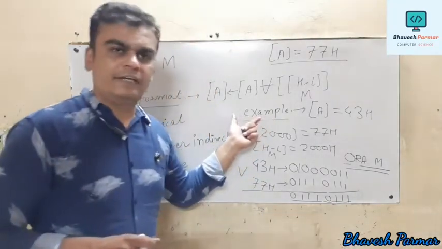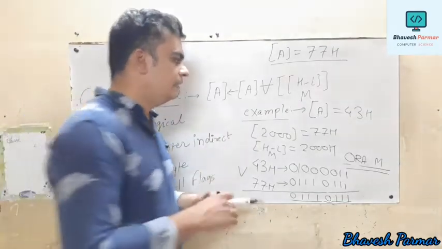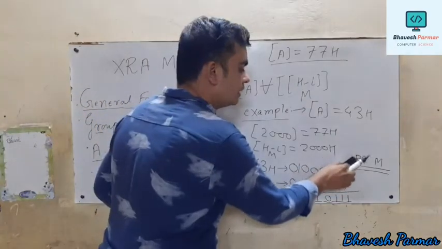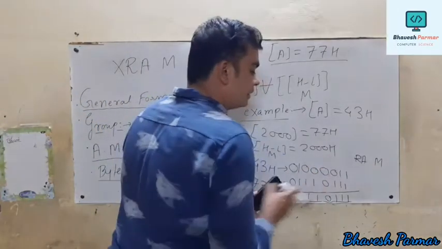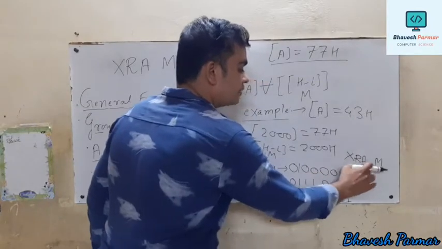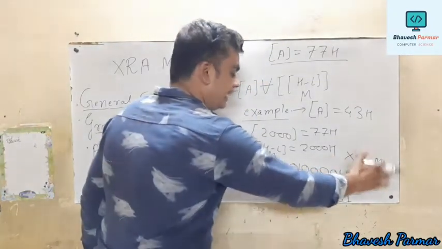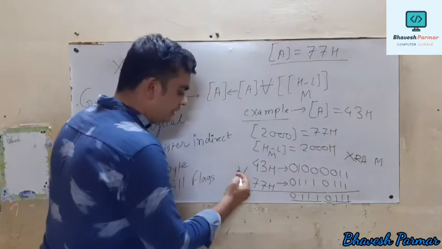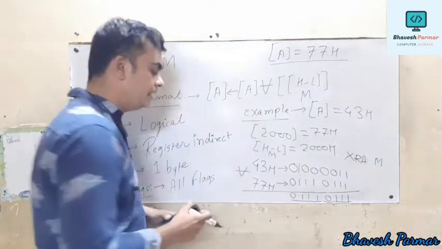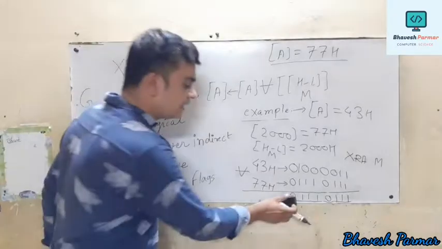Then for the example, let me take the same example here. I am performing exclusive OR operation on memory. Then my instruction will be like this: XRA M. If I apply the operation, what will be its output?